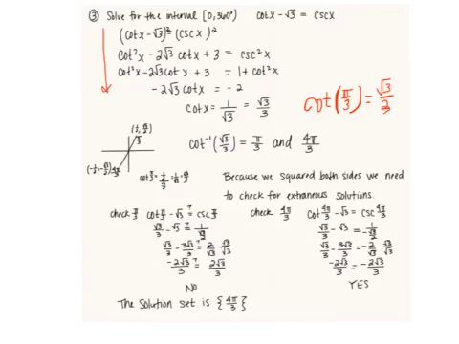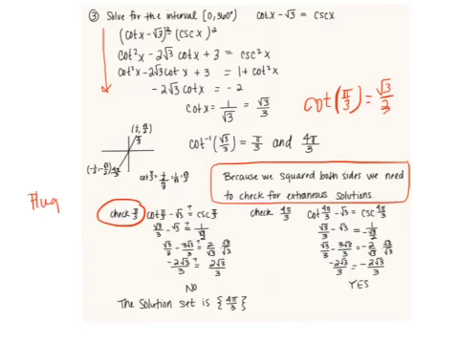Now, this is the trickiest part of this problem: because we squared both sides, we have to check for extraneous solutions. I'll give an example of that in class on exactly why you need to check for extraneous solutions. But to do your check, you're just going to plug your solutions back into the original equation.